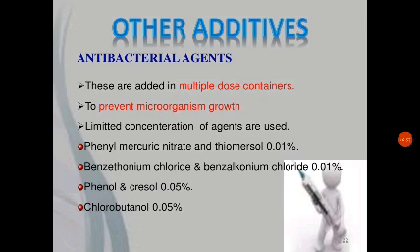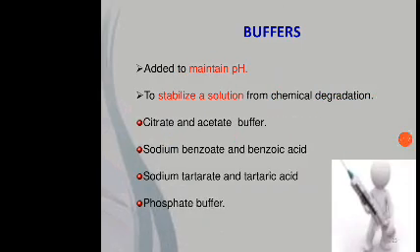The concentration is very peculiar for some of the antimicrobial agents. Commonly used ones are phenylmercuric nitrate and thimerosal, then benzalkonium chloride, phenol can also be used, chlorobutanol. The concentration is very important.